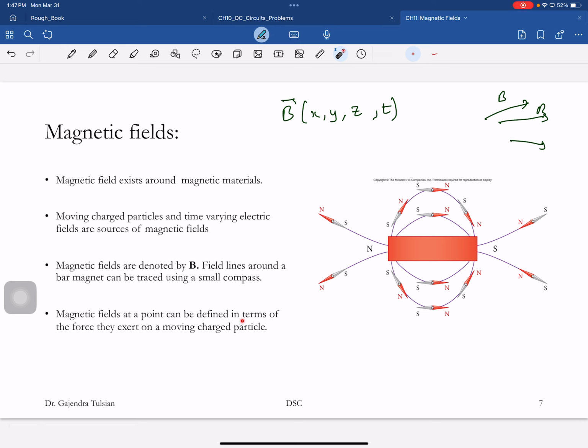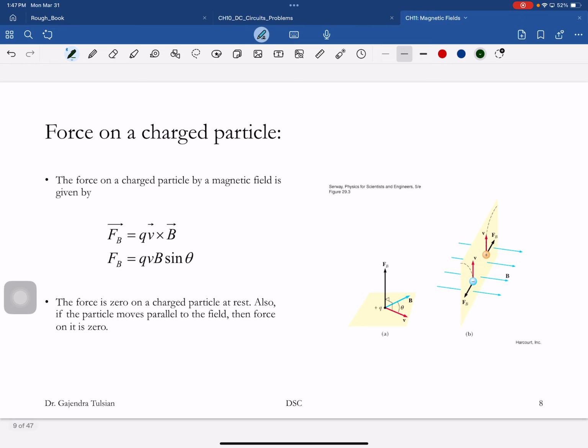Magnetic fields at a point can be defined in terms of the force they exert on a moving charged particle. Here is the force. Let's make sure we understand this. It's a cross product.